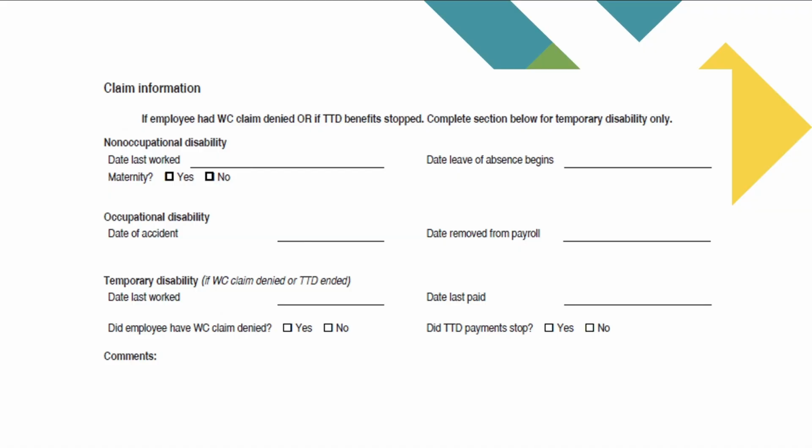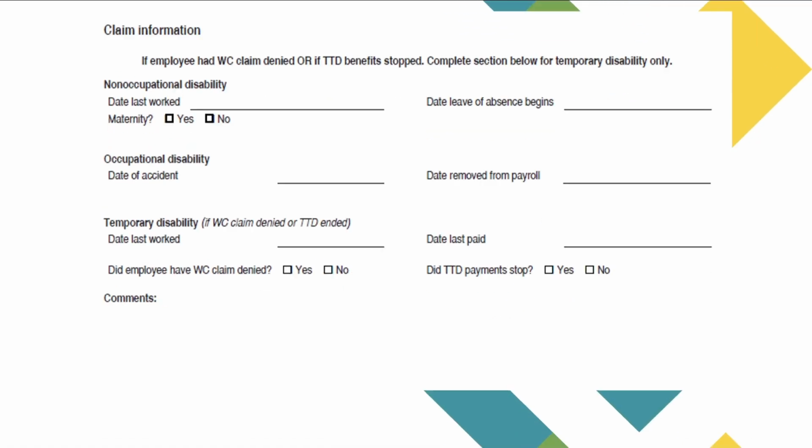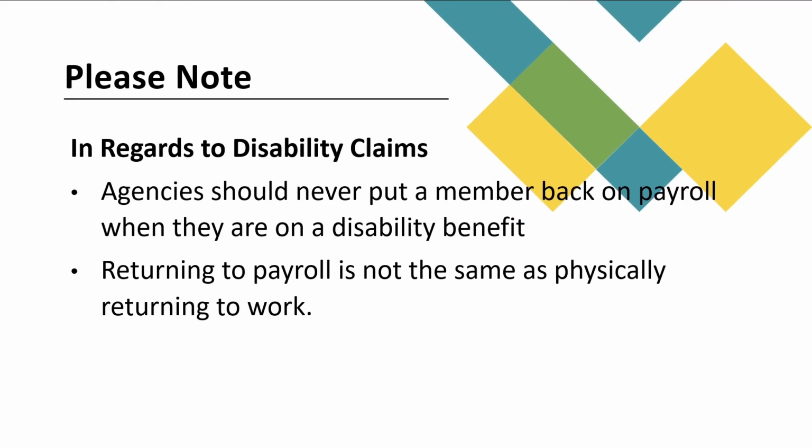In the lower section, you're going to identify what type of disability this person is going out on. And just please note, agencies should never put a member back on payroll when they are on a disability benefit. Returning to payroll is not the same as physically returning to work.